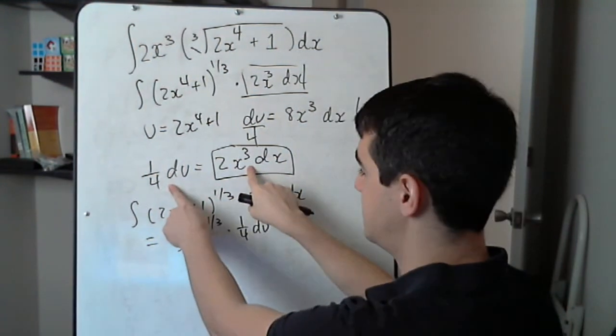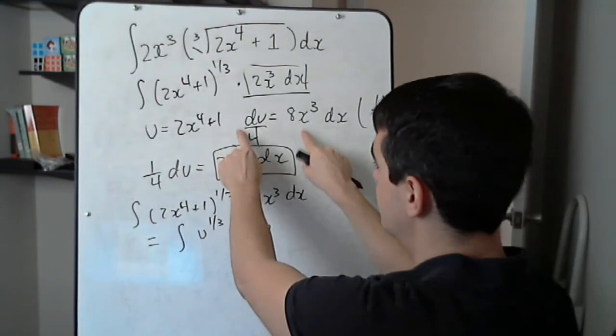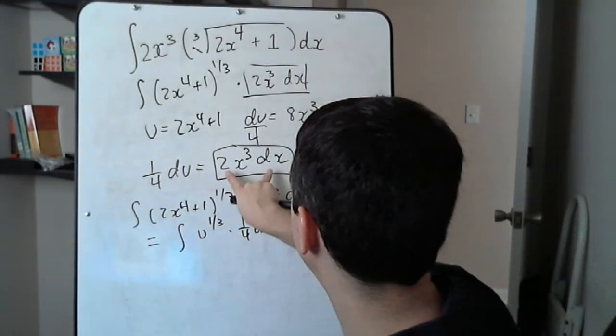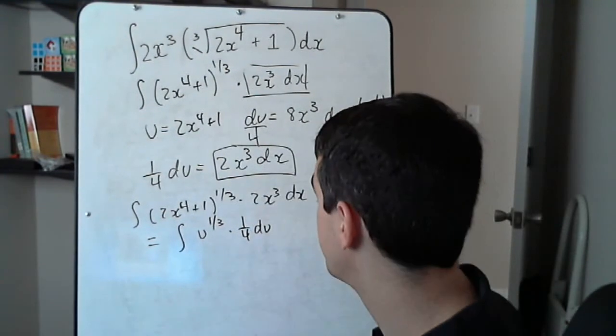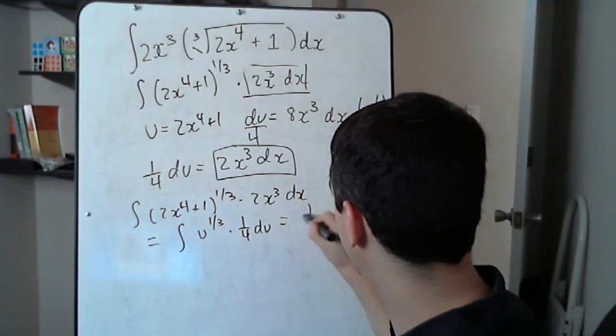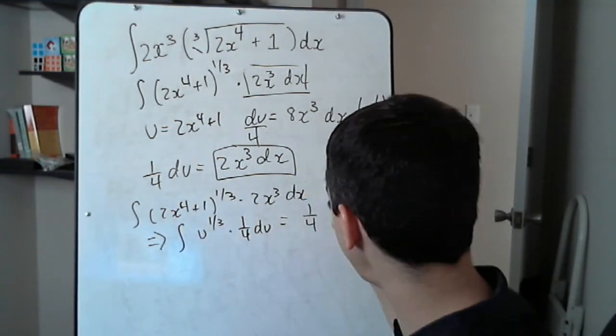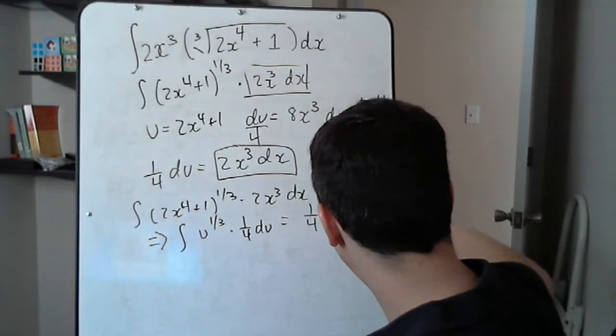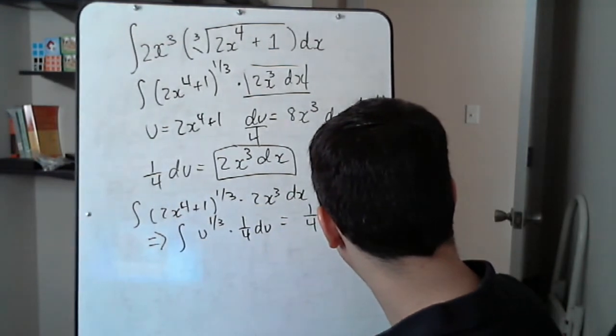Why 1/4 du is because we were able to multiply this by some constant to make this side equal to this, and then we can make that substitution. Now remember that 1/4 can come out, so we get 1/4 times the integral of u to the 1/3.